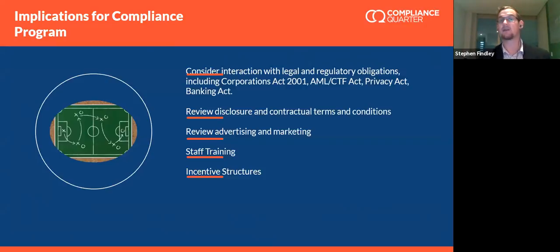Similarly, they need to think about reviewing their advertising and marketing, the new requirements for that to be made in plain English, and to be particularly honest and clear about what the obligations and rights of the customer will be under that product. Related to that, businesses need to think about staff training.